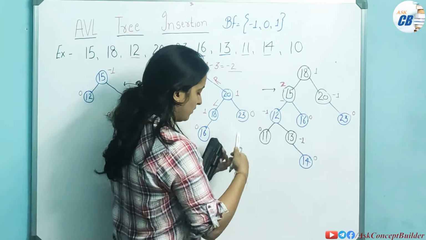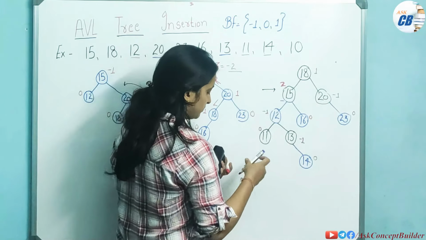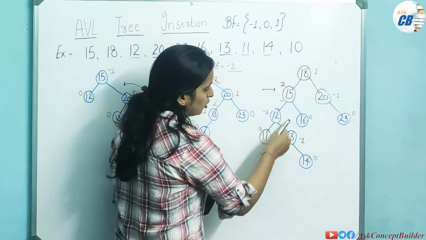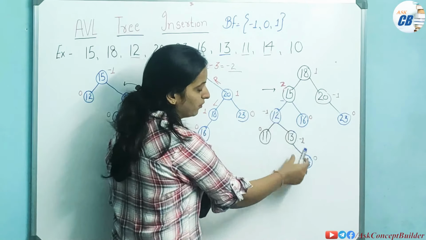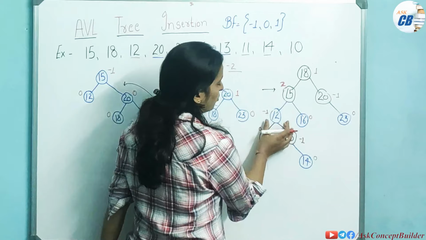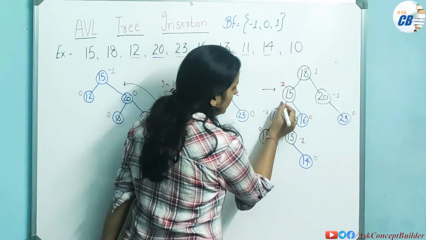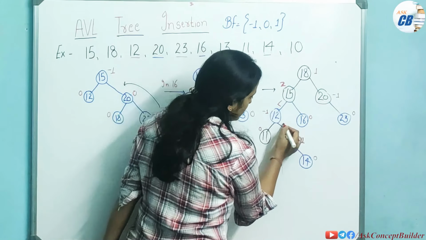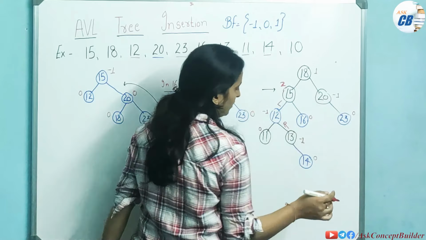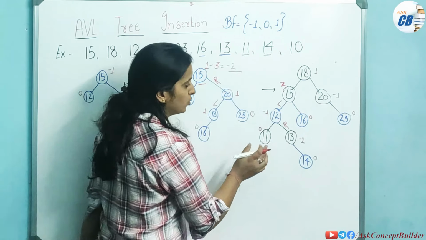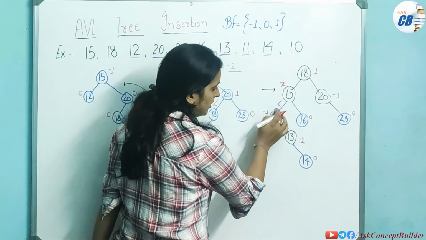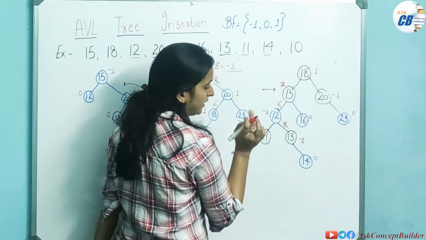Now what will we do to balance this? See, why is it unbalanced? Because of more number of nodes in its left part. So the problem is because of this L and this R, the LR problem. You can be confused why we are not taking this other direction, that this is L, we can take this also.